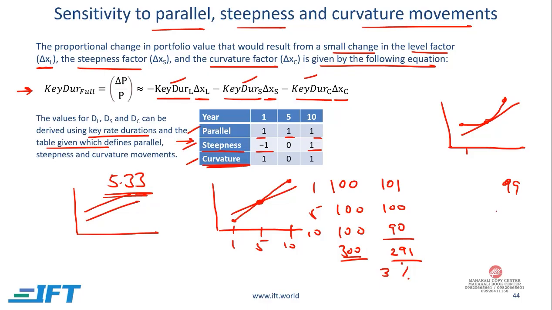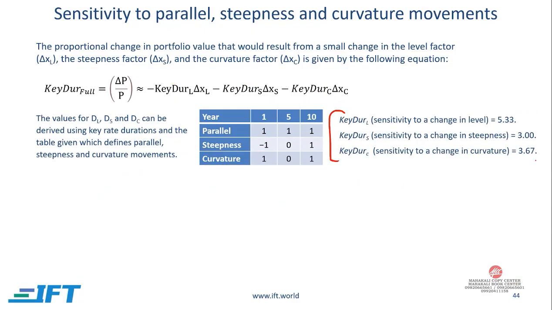The 5 year bond will stay at 100 and the 10 year bond will go down to 90. This means that the portfolio value is 289, which is a decrease of 3.67%. So the key duration for curvature is 3.67. And these are the numbers over here.